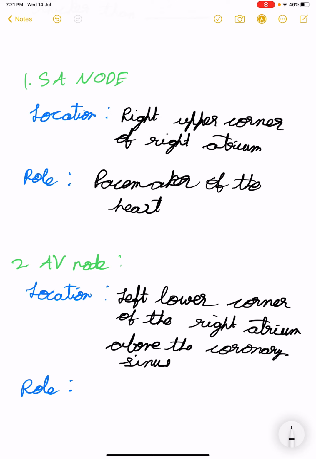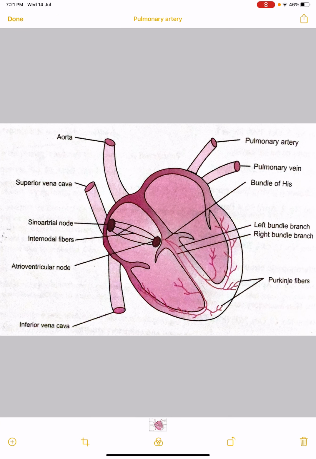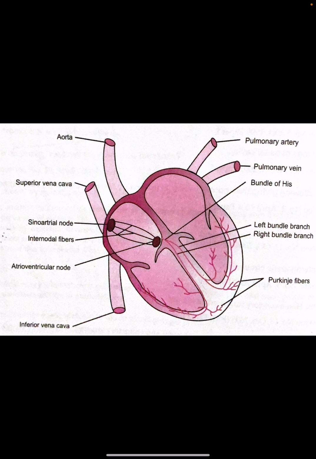Okay. Next, the AV node. It is located in the right atrium itself, but in the lower left corner, to the upper side of the coronary sinus and to the right side of the interatrial septum. Okay, guys, just check over here. See, this one is your AV node over here.